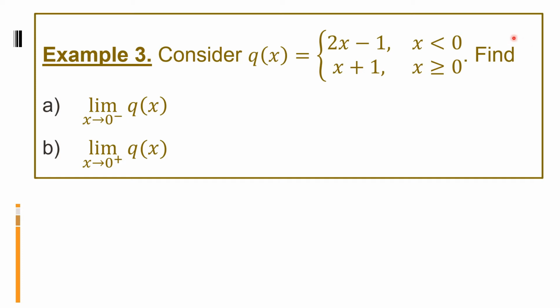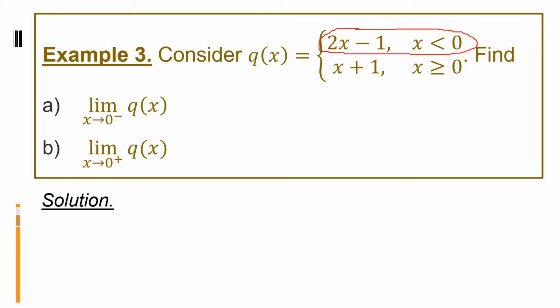So in this case, meron tayong function value for x less than 0 and x greater than or equal to 0. So if we are taking the limit as x approaches 0 from the left, we will consider yung mga x's na less than 0 or to the left of 0. And that is etong part na yon.